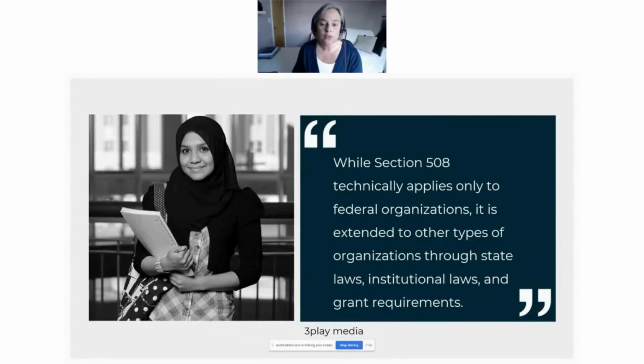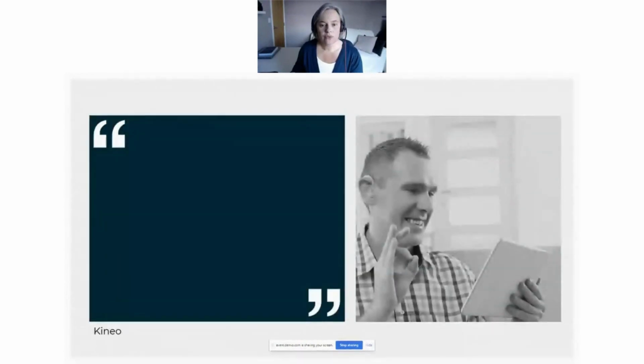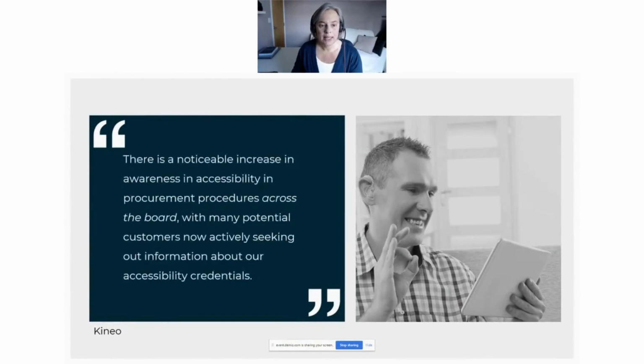So we have two quotes now from the industry perspectives, which come from the book I've written called Designing Accessible Learning Content. And the first is from a leading content provider, and they say that there is a noticeable increase in awareness in accessibility in procurement procedures across the board, with many potential customers now actively seeking out information about our accessibility credentials.